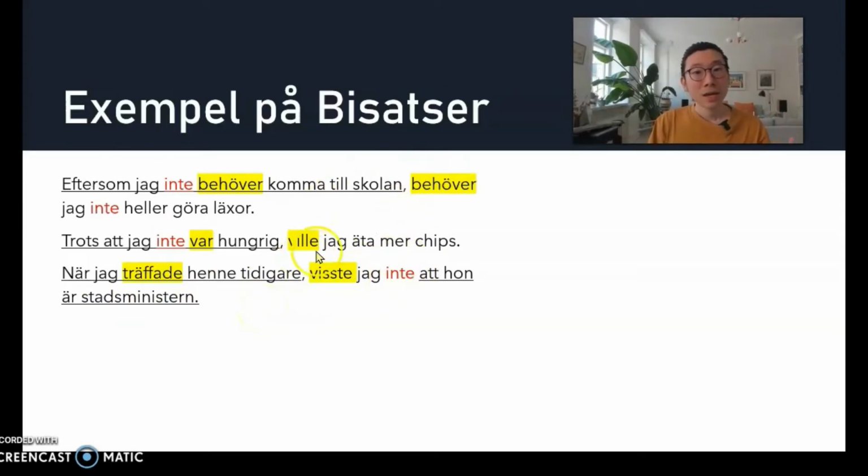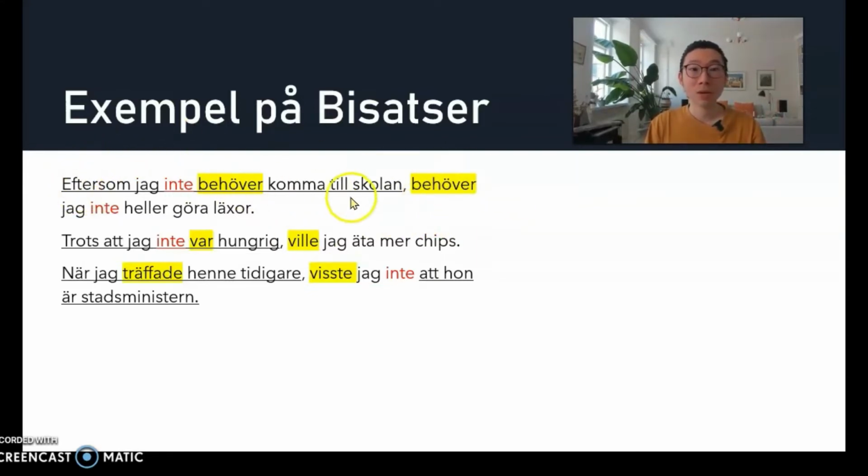Så ni ser i alla dessa exempel, in all these three examples, we started the sentence with a subordinate clause, and all those subordinate clauses are actually adverbials in the main clause. So we also apply the switched word order in the main clause structure.